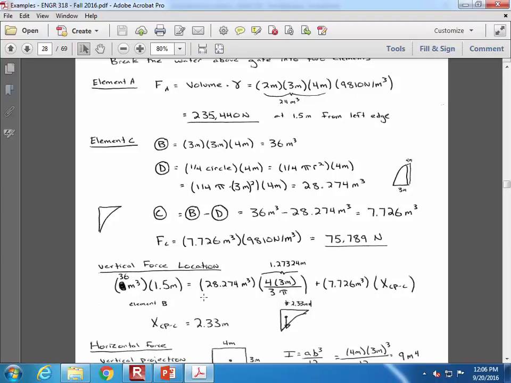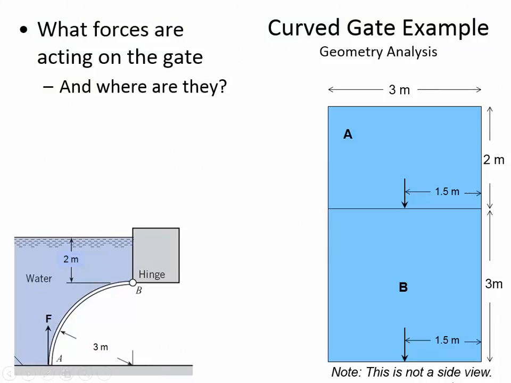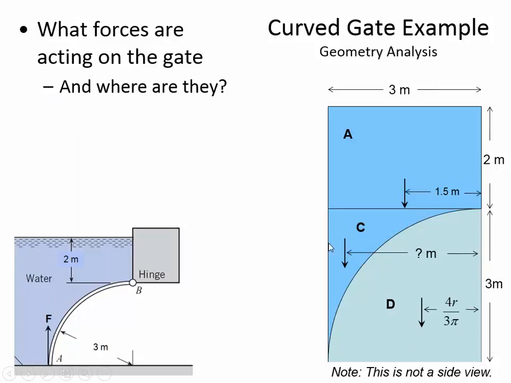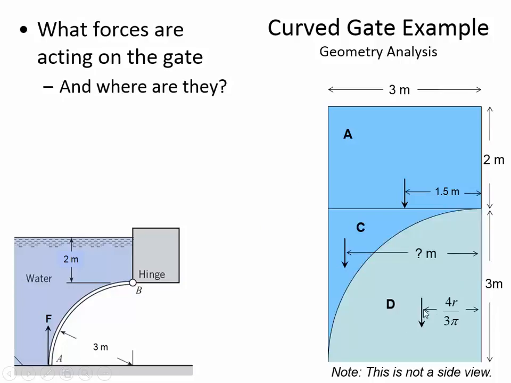And we know the volume of this cube here, of cube B. And we know that the overall force is going to be in the middle. So the overall middle is defined by the location of the two pieces, piece C and piece D. So in this case, we know the average, and we know this piece, and so the only thing we don't know is the location of C.